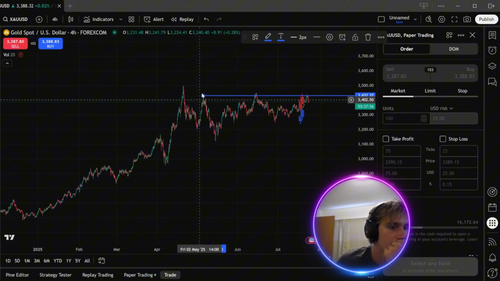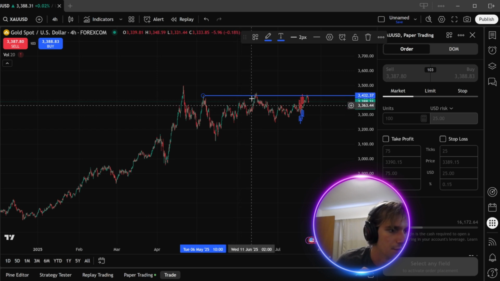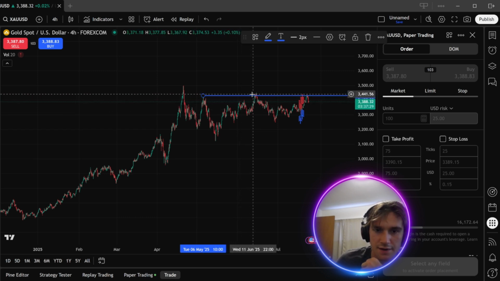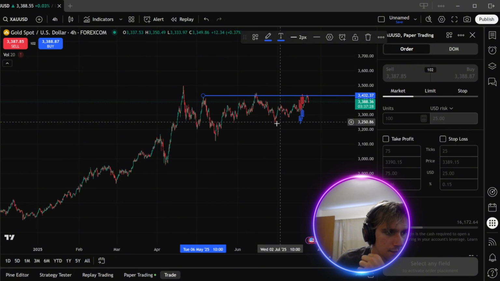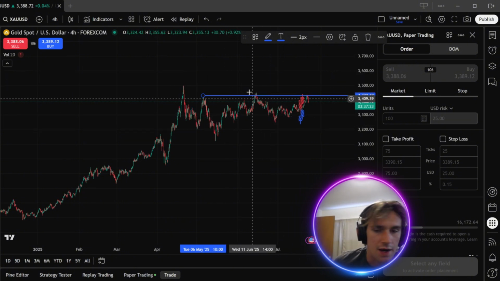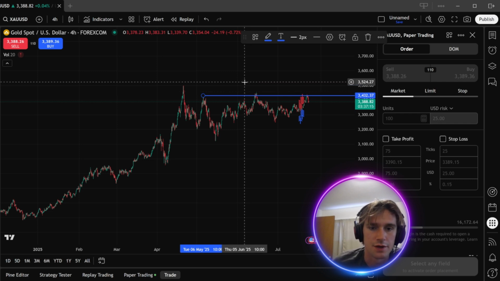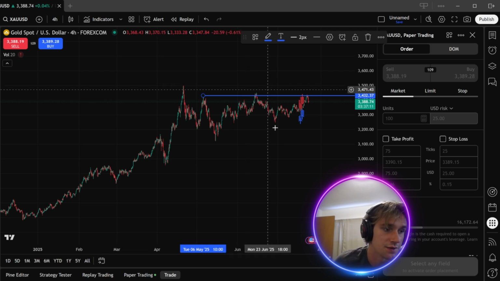We have this high, stuff happens, we're coming up, we test this high. Liquidity sweep, downtrend. Obviously not every high or every low is going to be like this, which is why we also have the other indicators, which will give us good entry points and tell us if this will happen.